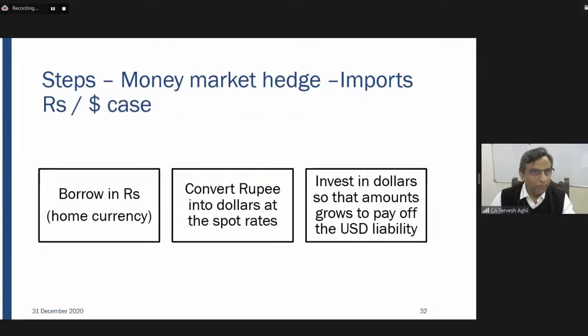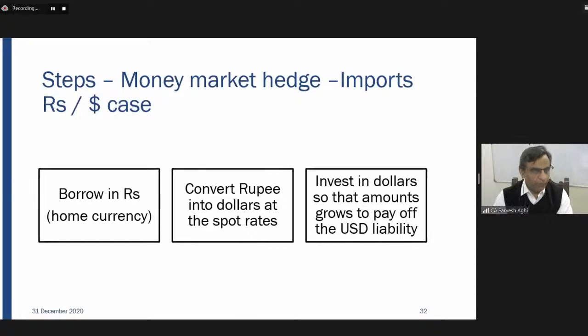I have not mentioned it, but the last box should have been whatever money you borrowed in the home currency, along with the interest you have to pay. If you total it up, that will be your outflow on account of imports. By doing so, you are hedging yourself.